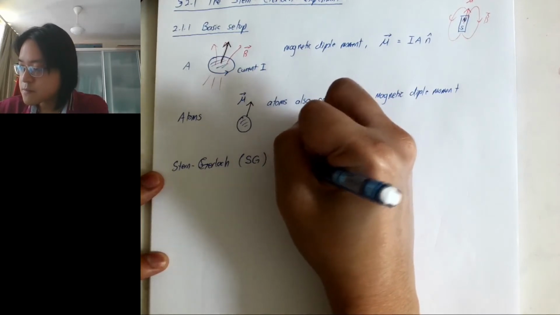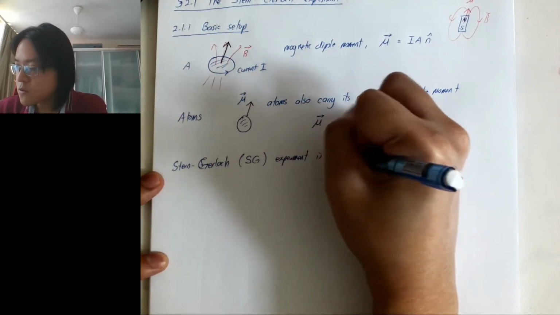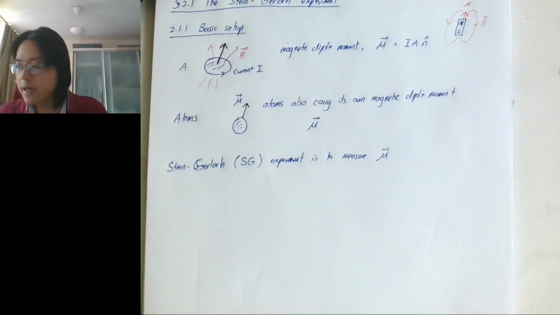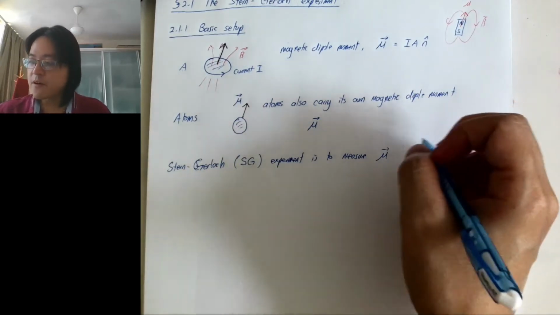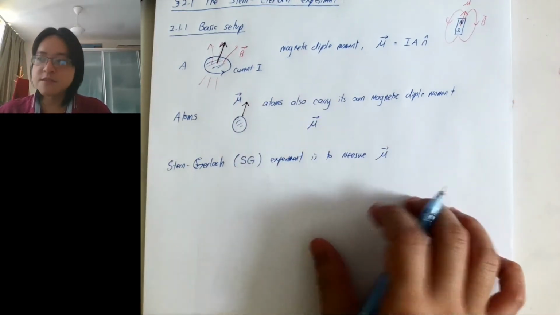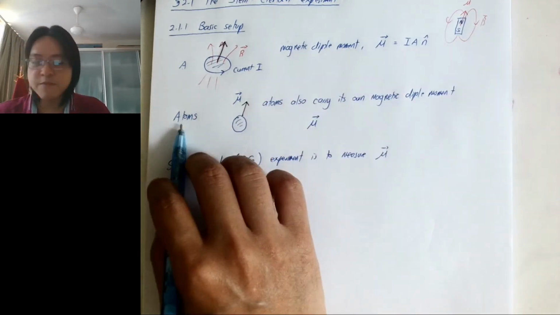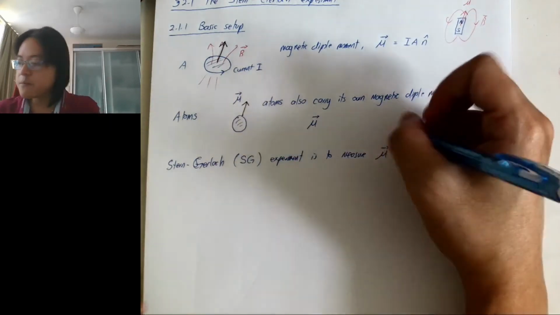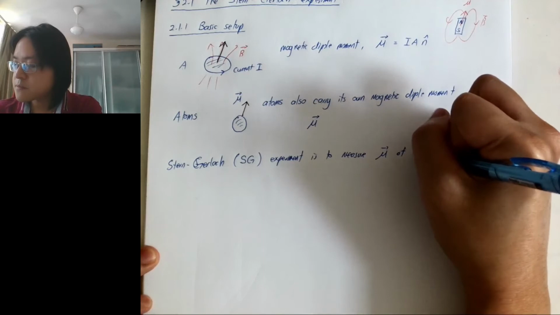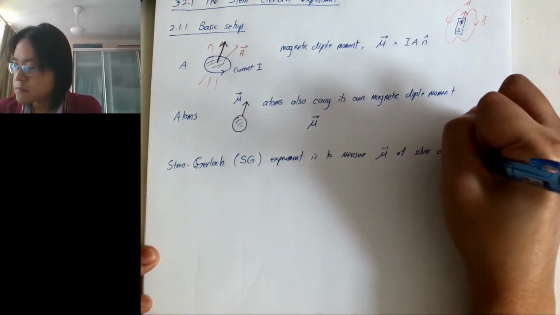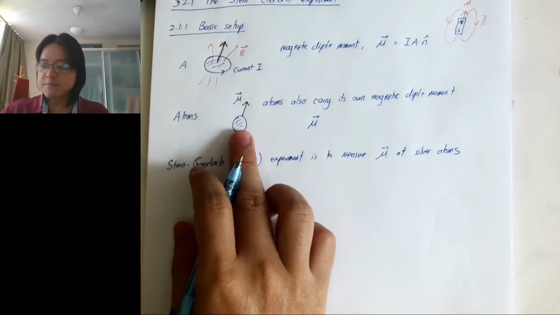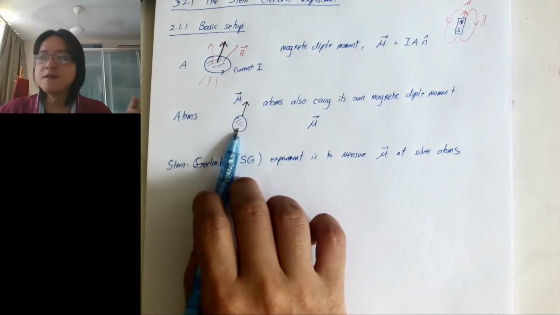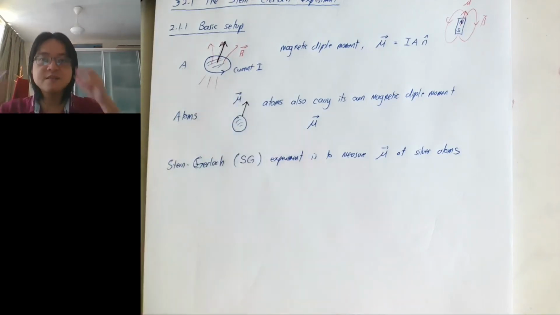The SG experiment is to measure the magnetic dipole moments, and I think the original experiment measured silver atoms, because different atoms will have different dipole moments. So what they used in that experiment is silver atoms. Yes, it will have some charge because they have a certain atomic number, which I don't remember, but it's not important. What is important is this vector mu over here.